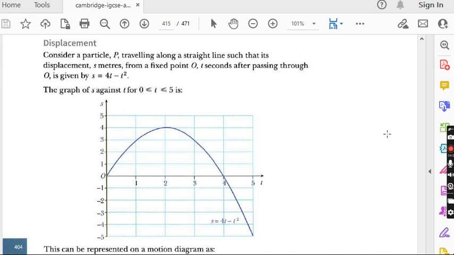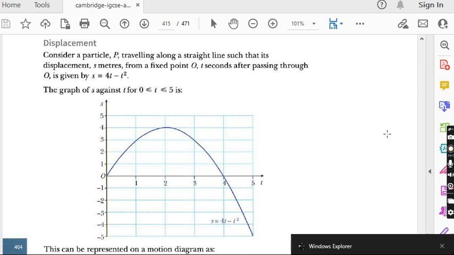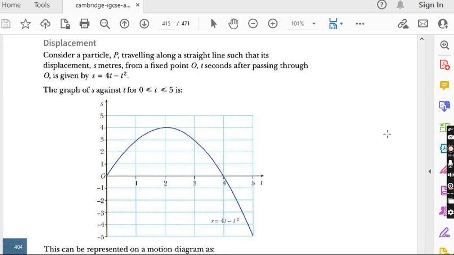Whenever you draw the graph, you must have t positive because time cannot be negative. This can be represented on a motion diagram as follows.